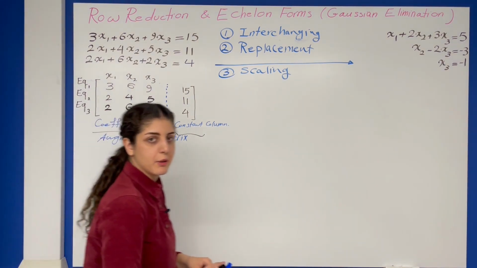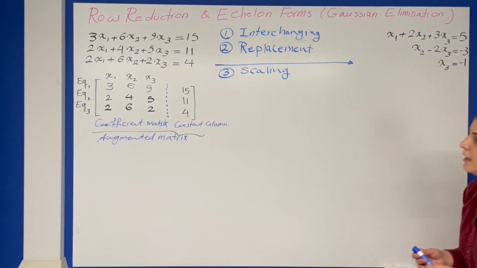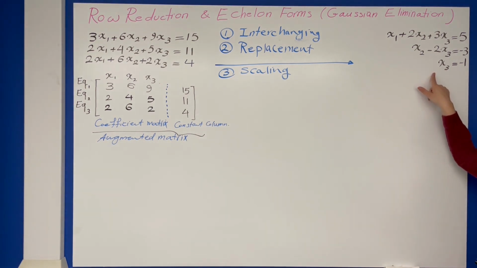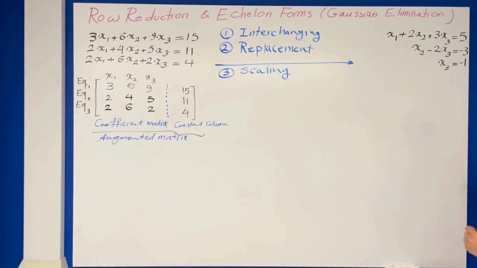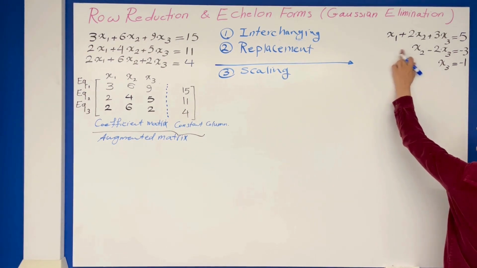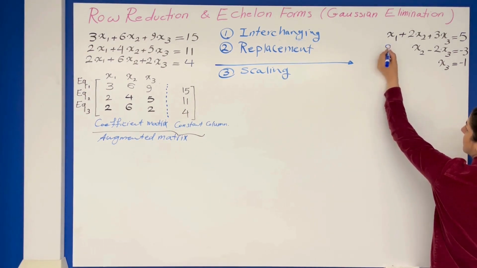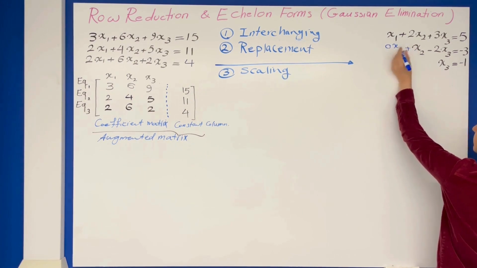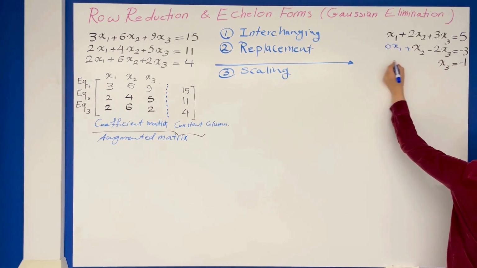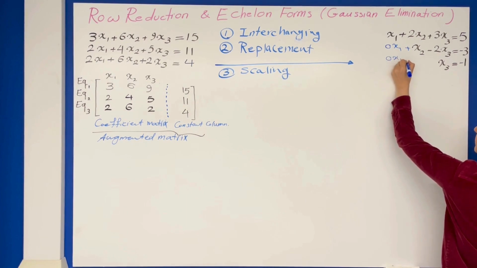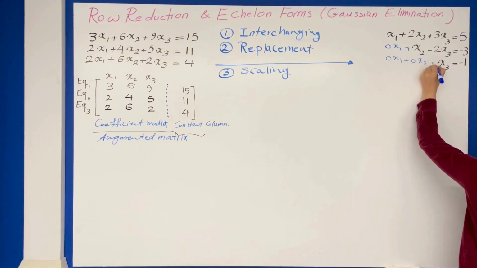The goal is to end up with this reduced system. Look at this system. Here, the coefficient of x1 is 0, so I can write 0 x1 plus the rest. And for the third equation, I have 0 x1 plus 0 x2, and then plus the rest.